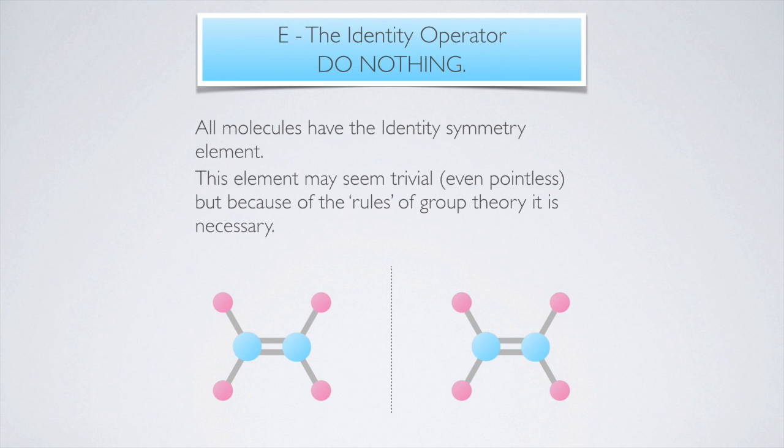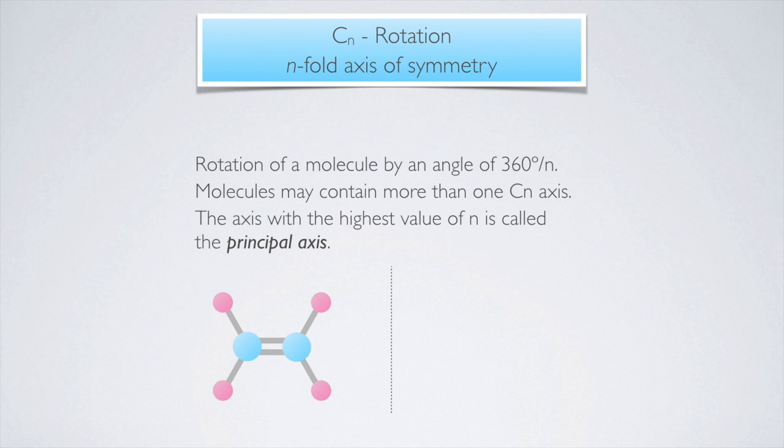So moving on to the axis of rotation, where Cn is the n-fold axis of symmetry, we have rotation of a molecule by an angle of 360 degrees divided by n.